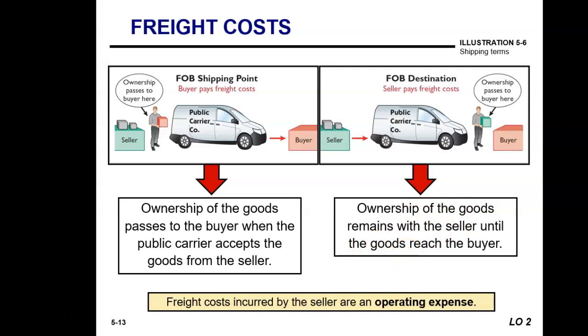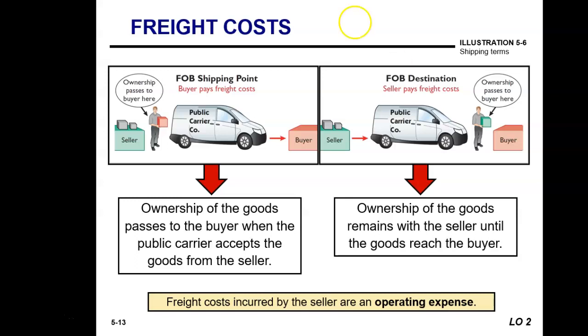So when you're buying items from, let's say, overseas, if you're paying the freight cost, FOB shipping point, then you have ownership of the goods from an accounting standpoint while they are in transit. If the terms are FOB destination and the seller pays the freight cost, the seller still owns those goods until they reach the actual buyer.